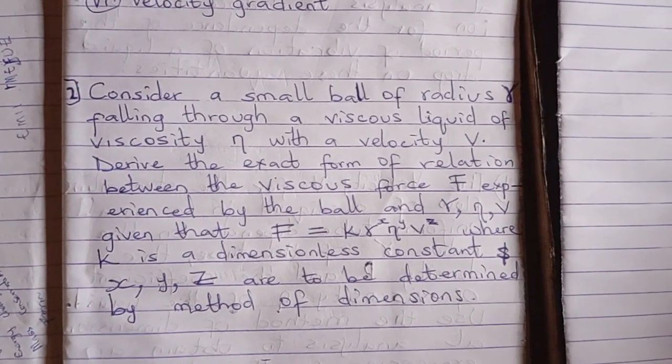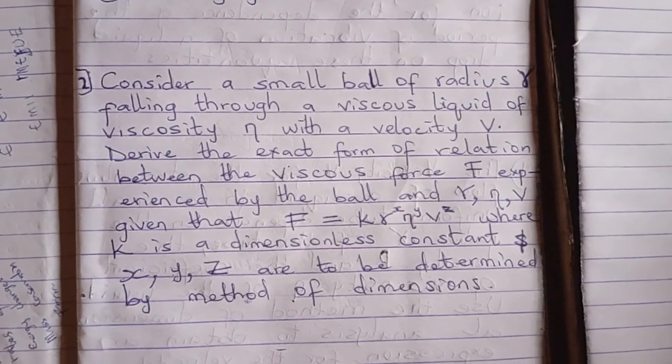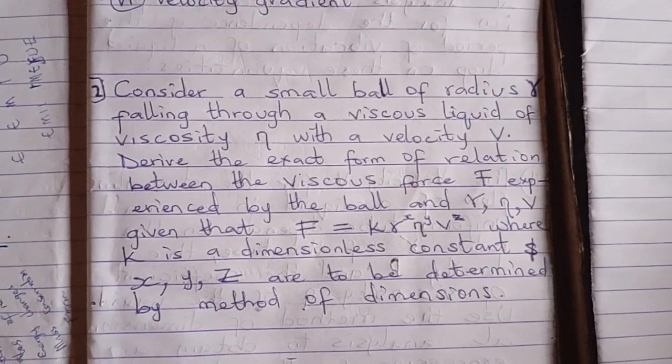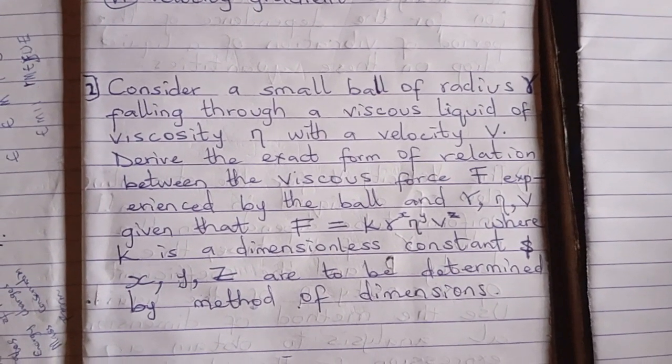Consider a small ball of radius r falling through a viscous liquid of viscosity μ with a velocity v.